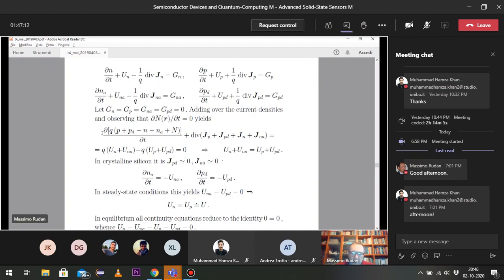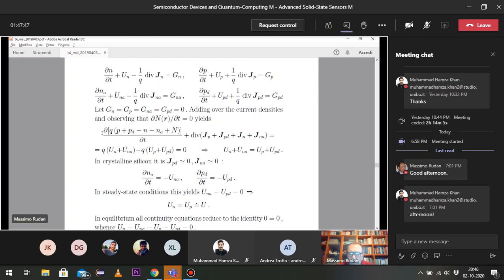This is a fundamental result, which can also be found by reasoning, okay, instead of doing a calculation. All these transitions are transitions of electrons on the left and transitions of holes on the right, okay? But a transition of an electron is also a transition of holes in the opposite way, so they must be equal, okay?